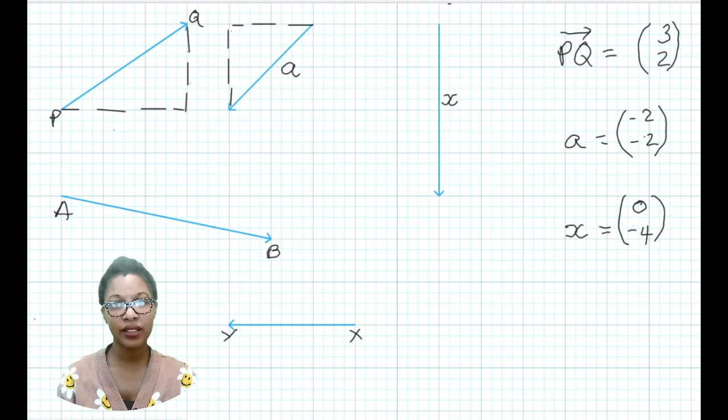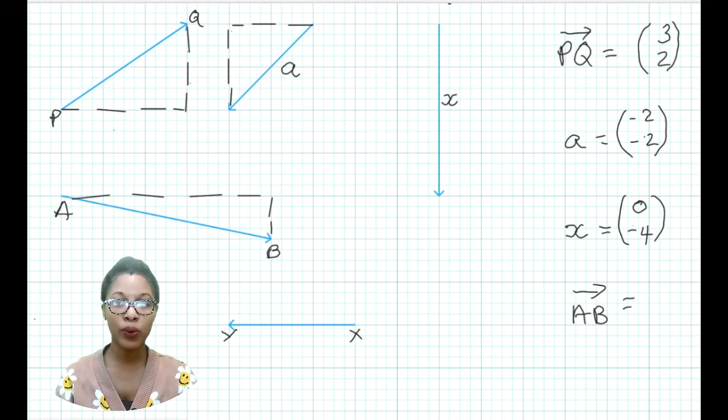AB, we go 5 big blocks to the right and 1 big block downwards. So right is positive and down negative. So as a column vector, AB is equal to (5, -1).